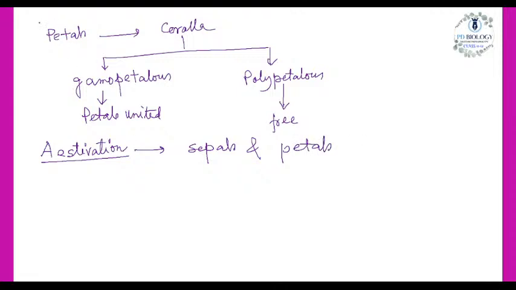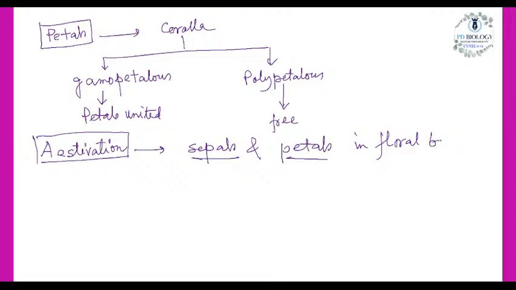We first read sepals, then petals. After this we read aestivation, because this is nothing but the arrangement of sepals and petals in the floral bud. Very important part, remember this one.